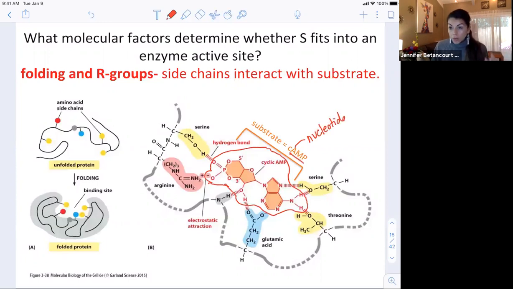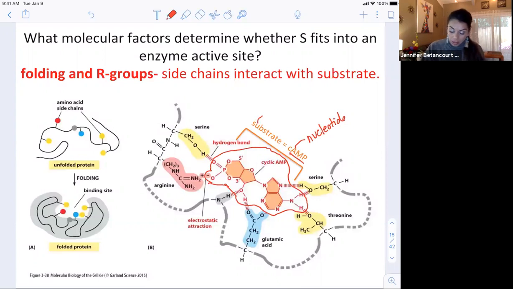To really drive home the idea that these R groups, these side chains, don't have to interact with other side chains of proteins. They're just molecular properties. So they can interact with any kind of molecule that has a favorable affinity to it.